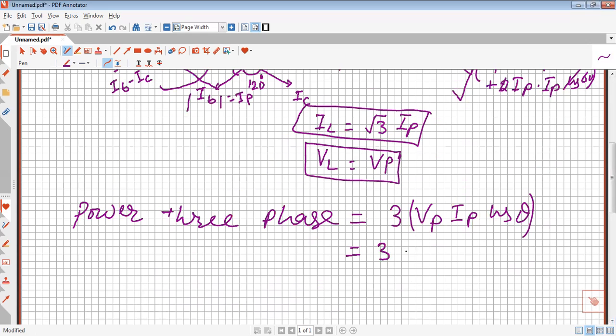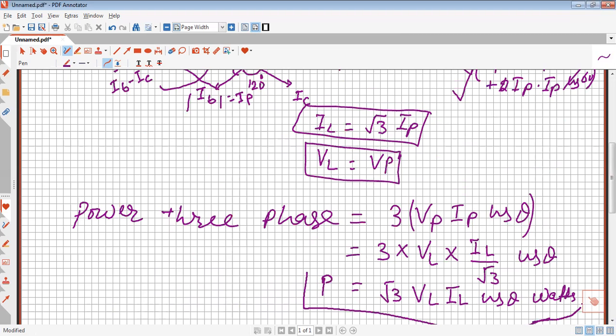We can also write it in line terms. Vp is equal to VL, phase voltage is equal to line voltage, and phase current is line current by root 3, multiplied by cos theta. So this is root 3 VL IL cos theta. Its unit will be watts. So this is our power for three phase.